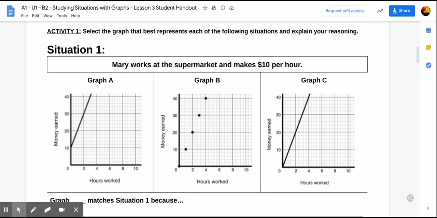Then something is happening with the lines. The graphs start in different spots, and some are connected and some are just dots. So I want you to try to reason out. Pick a graph and tell me why you picked the graph that you did.